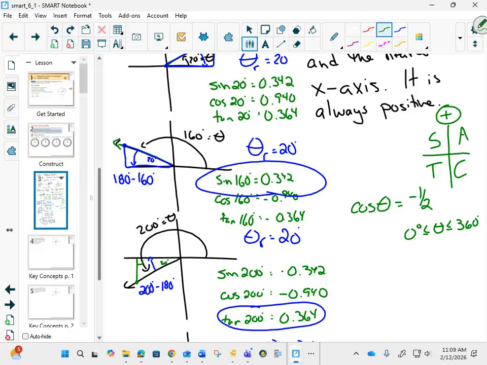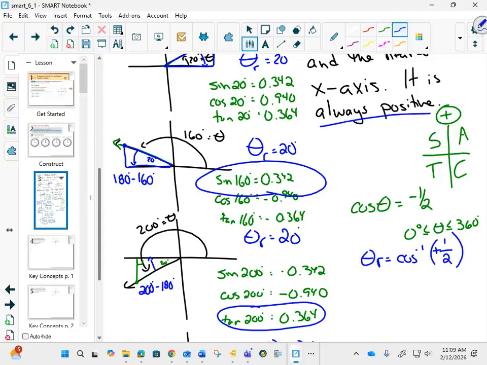So the very first thing you would find is your reference angle. And you'd find your reference angle by doing cos inverse of +1/2, because reference angles are always positive.